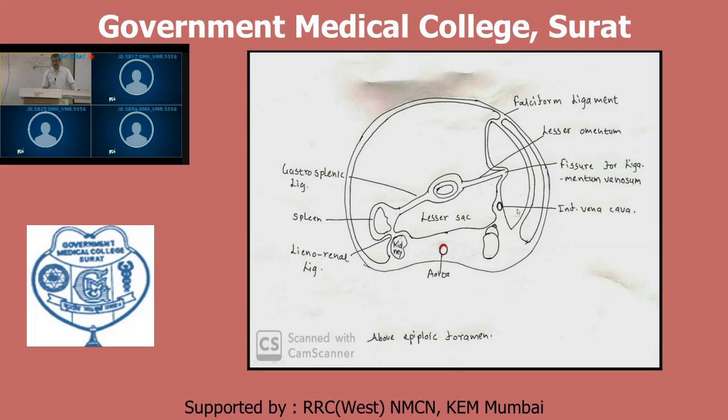Therefore, it will show attachment where? To fissure for ligamentum venosum. This fissure will show attachment of this lesser omentum. From here, it will be reflected to this stomach, and again it will form this same continuing gastrosplenic, lieno-renal ligament.